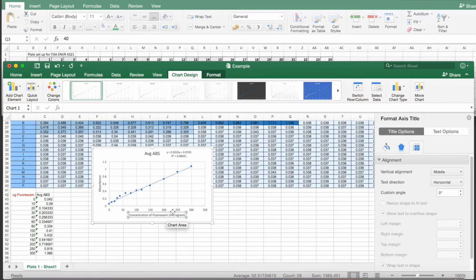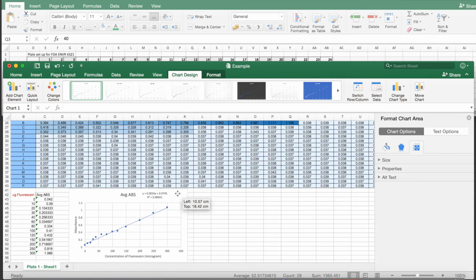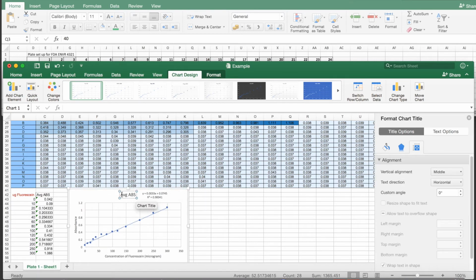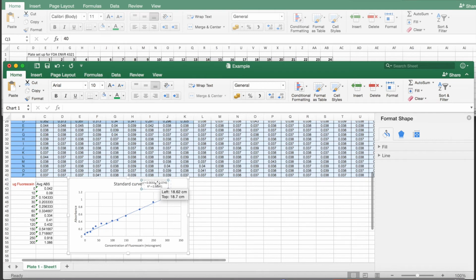I'm writing micrograms here, but usually we use the symbol for micro, or just a UG. That means micro. And let's change this title. Let's call it standard curve. Very well. So we do have the standard curve.